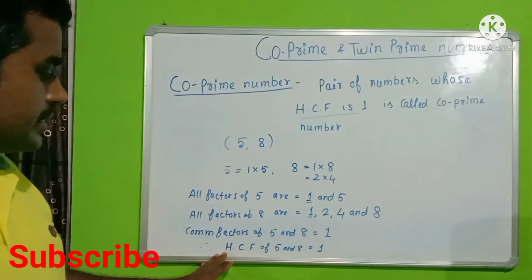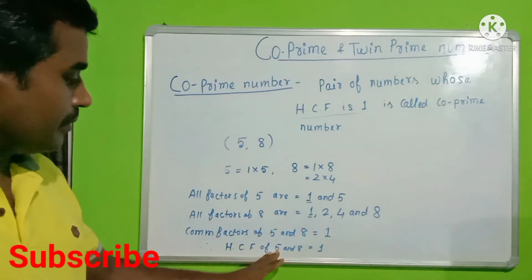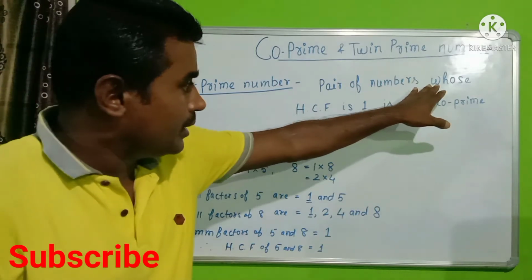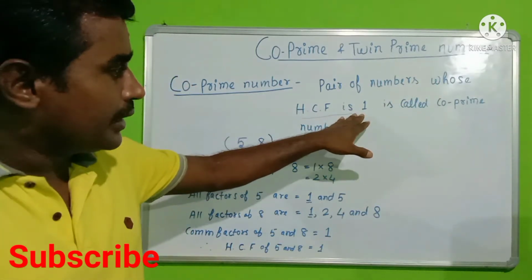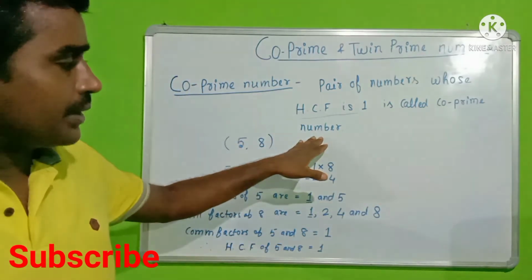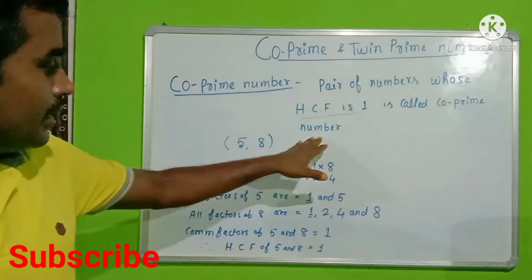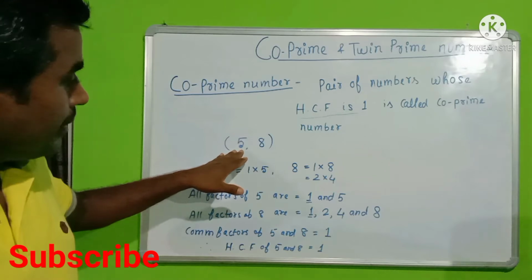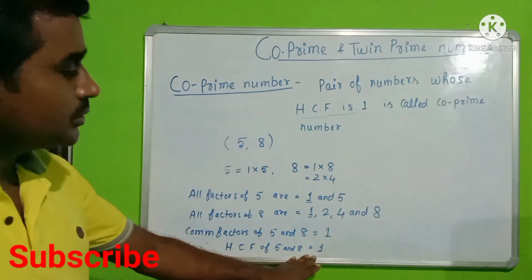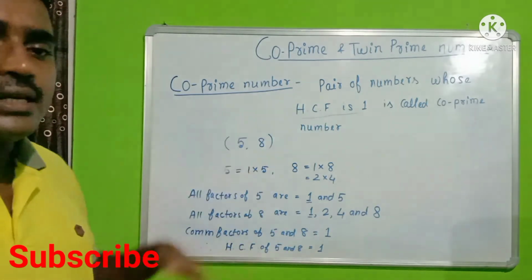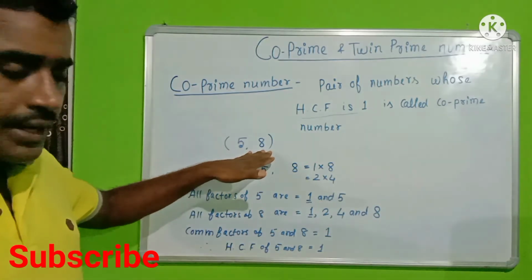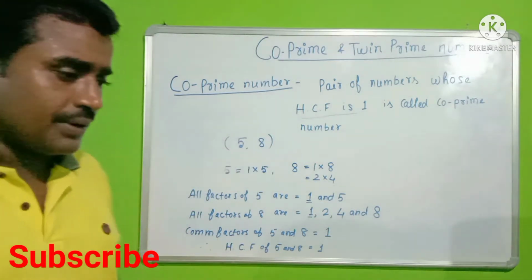Now, according to the definition, if the pair of numbers has HCF 1, then it is called coprime. Since the HCF of 5 and 8 is 1, the pair 5 and 8 are coprime numbers.